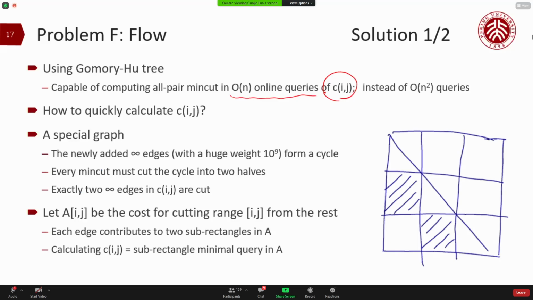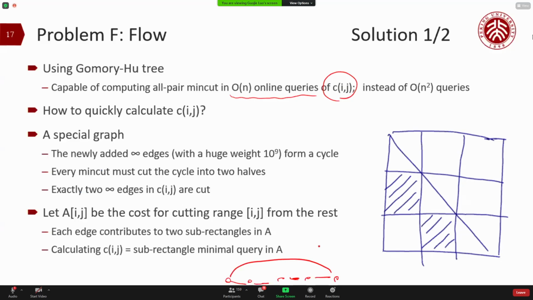That's the cut. Remember that the graph we perform the cut on is a special graph because of the newly added infinity edges. So it forms a circle. Assume we label the nodes in this way. We have these very thick edges forming a circle.